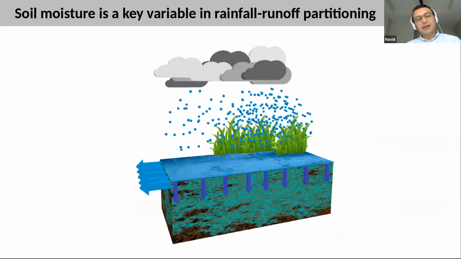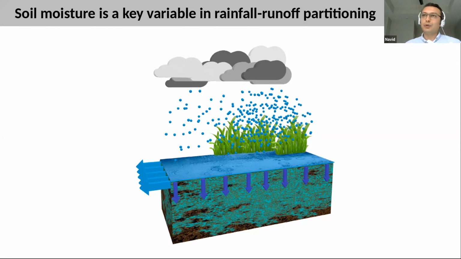Specifically, I'm looking at soil moisture, which is a key variable in determining the amount of water that will go into the soil or run off over the surface, simply called the partitioning of rainfall and runoff. Soil moisture is the water inside the soil, and you can think of soils as buckets.